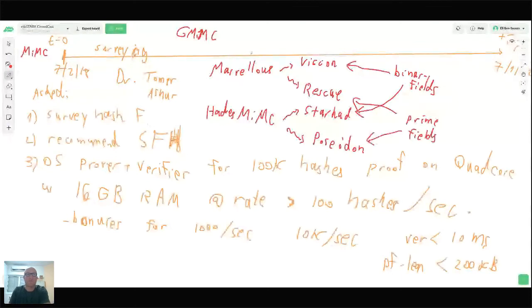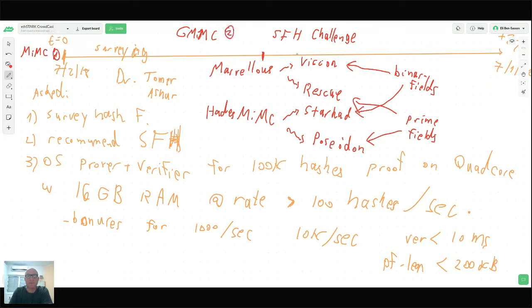So this brings us roughly to a year ago or so that we had all of these constructions already in hand. And then we needed to engage the public and get a better understanding of what to do. So what we did is we created this Stark-friendly hash challenge that picked 6 constructions.